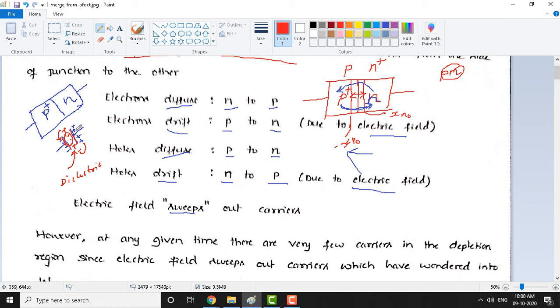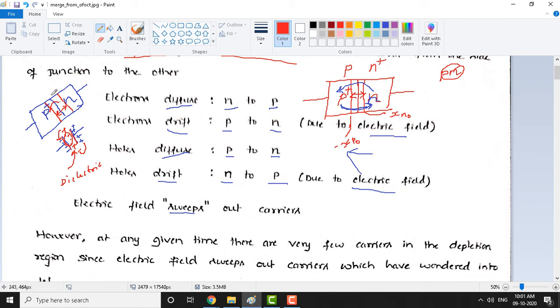The same situation applies here, so we have discussed this with reference to the PN junction. Here there is a depletion region. In this region you don't find any charges. This is called the space charge region or transition region. Any negative charges present here will get attracted to the positive side.